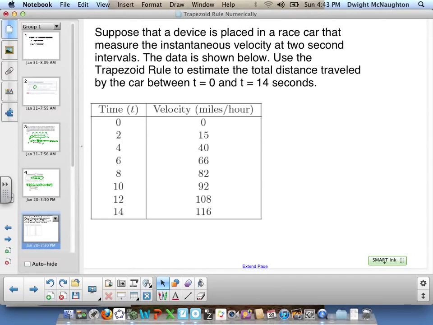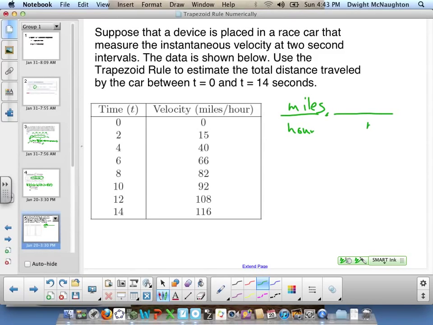First off, we have miles per hour and time in seconds, so we need to convert. We need to multiply to get rid of miles and hours, replacing miles with feet and hours with seconds. You're going to need to do a little dimensional analysis, everybody's favorite. 1 mile is 5,280 feet.